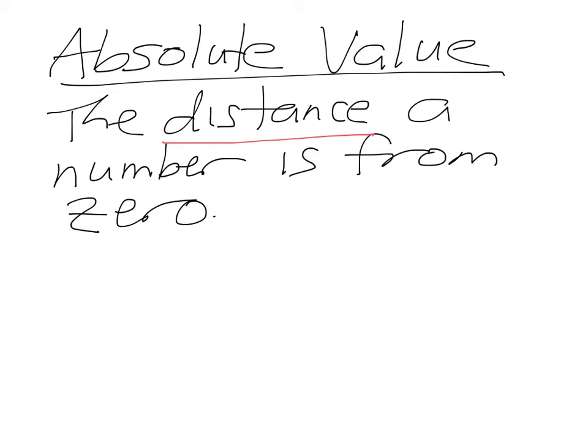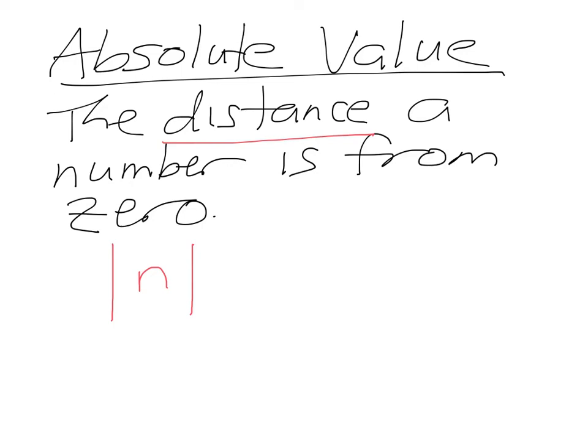Absolute value is always written like so. It's 2 lines surrounding the number, and that's what we call the absolute value. If it's the absolute value of a positive number, it will always equal the positive value of it.